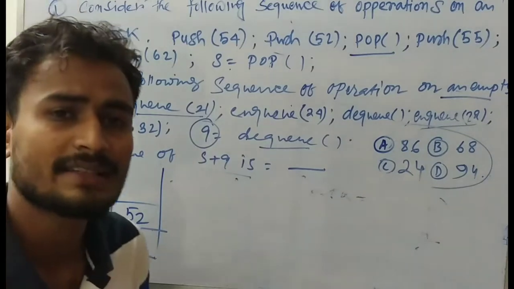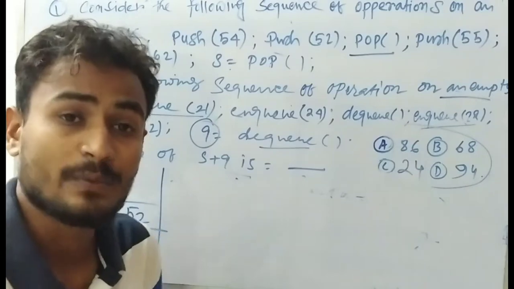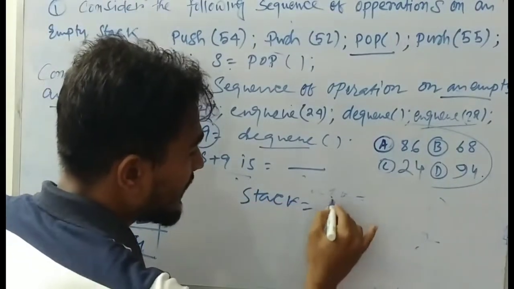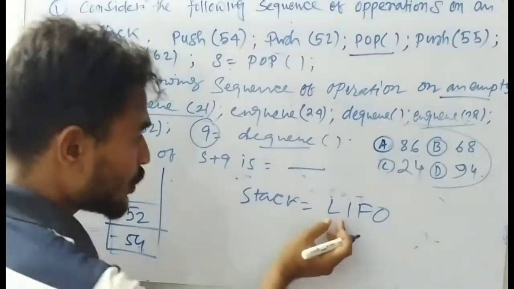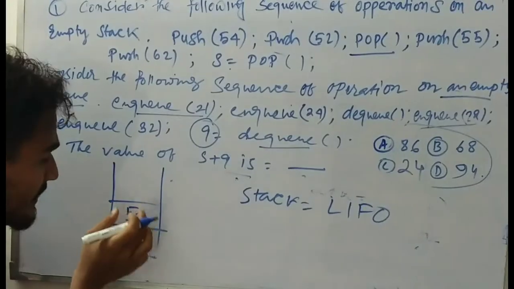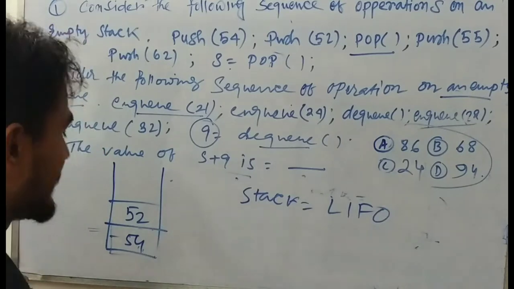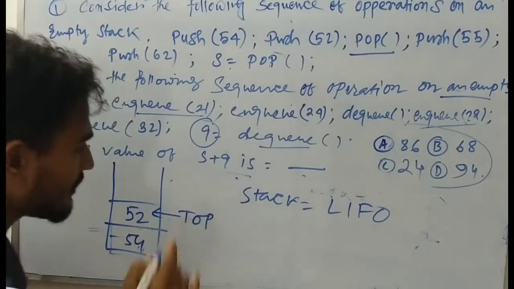Which element is deleted? The element that entered last, because a stack is maintained by the LIFO technique. So which element entered last? In this case, 52 entered last.